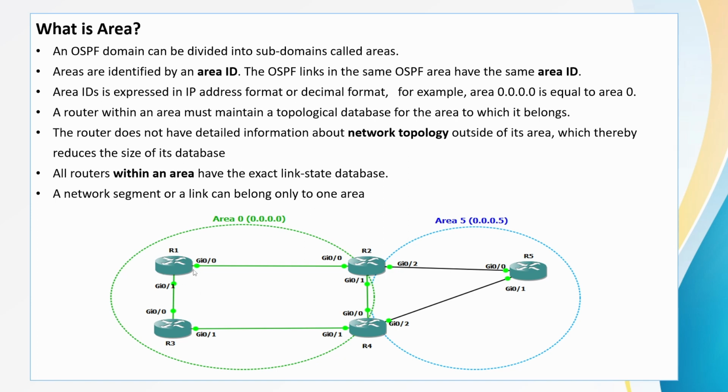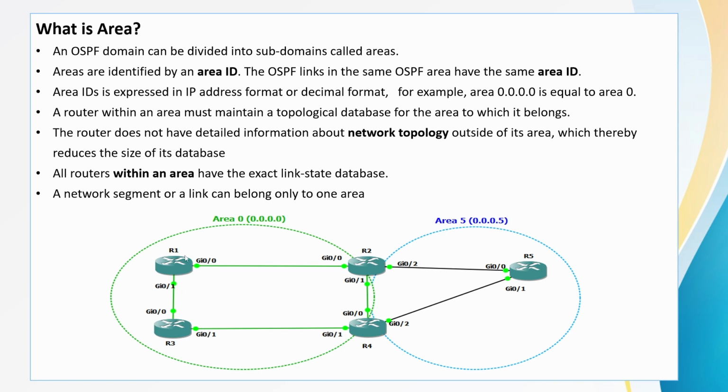Every OSPF-enabled router in the OSPF domain has a link state database. The link state database contains the area information. A router in one area doesn't know the network topology of other areas.